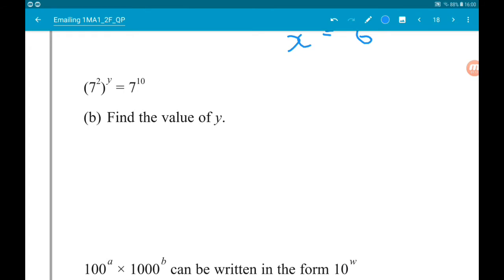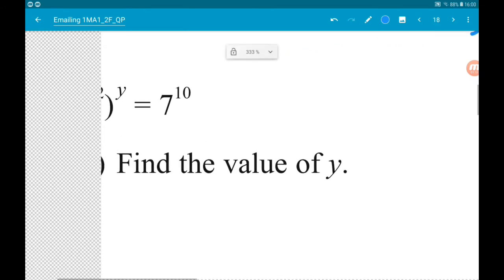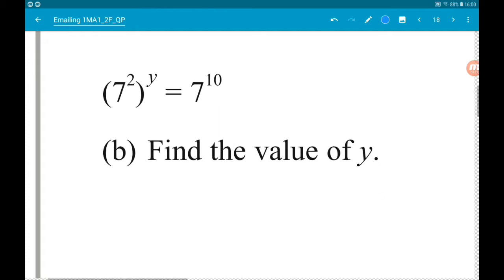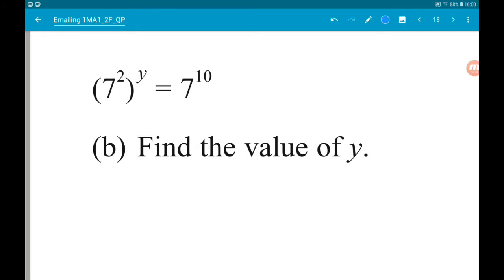Okay, then for part B, we have 7 squared to the power of y is equal to 7 to the power of 10. Work out the value of y. So when powers are separated by a bracket, they multiply together.